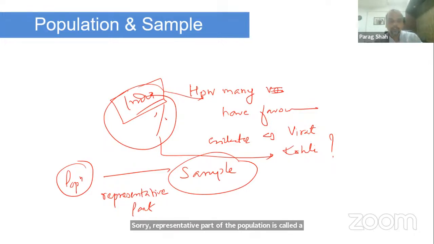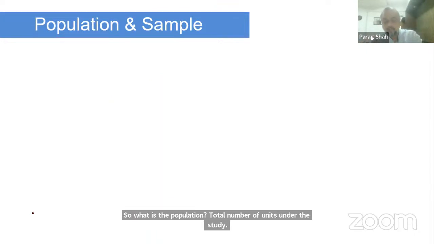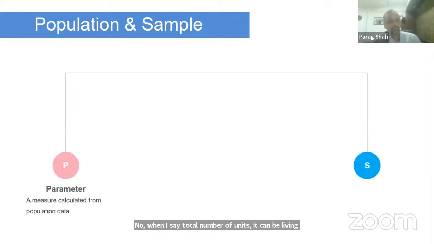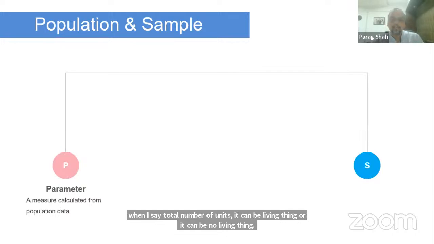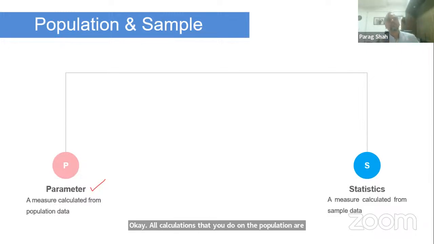So what is the population? Total number of units under the study. Now, when I say total number of units, it can be living thing or it can be non-living thing. Okay, that is called population. And the representative part of the population is called a sample. Now, all calculations that you do on the population observations are called parameters, and all the calculations that you do on the sample are called statistics.